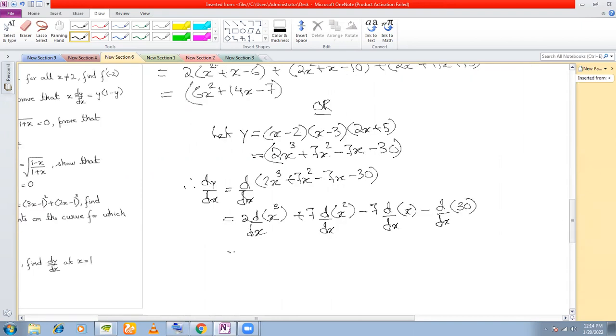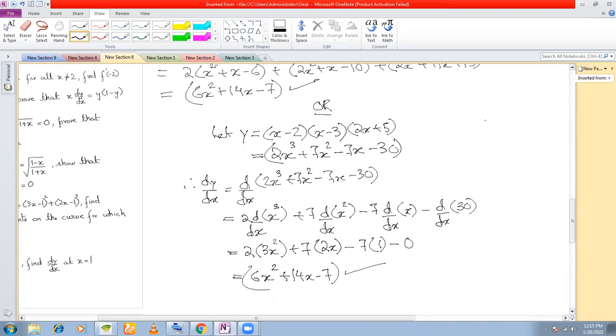So you will get here twice, x cubed differentiation is 3x squared, plus 7, x squared differentiation is simply 2x, minus 7, d/dx of x is 1 and d/dx of a constant is 0. So we get the same answer, 6x squared plus 14x minus 7. Whether you use your UVW rule or you directly differentiate after multiplication, you will get the same answer.